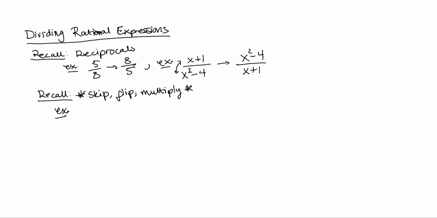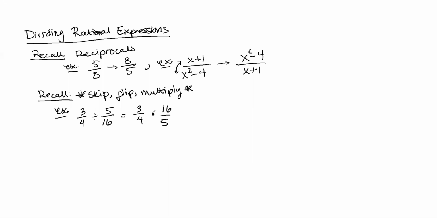So if we look at 3/4 divided by 5/16, just like before, we're going back to regular fractions before we look at rational expressions. We're going to skip the first one, so keep 3/4, flip the second fraction, so it becomes 16/5, and then multiply. And now we're back to what we were just doing.